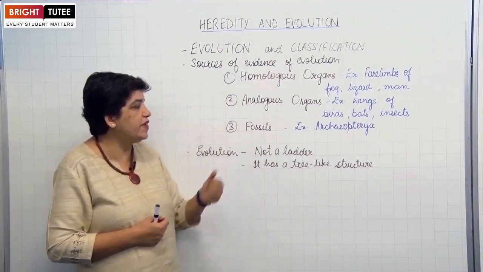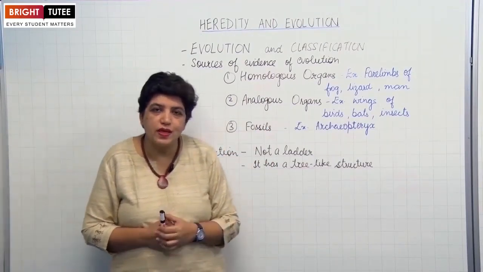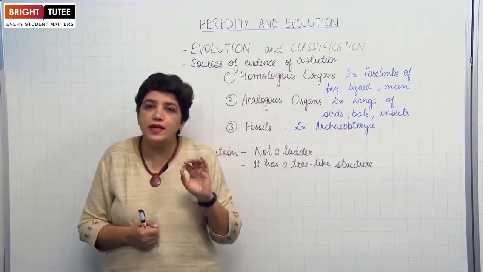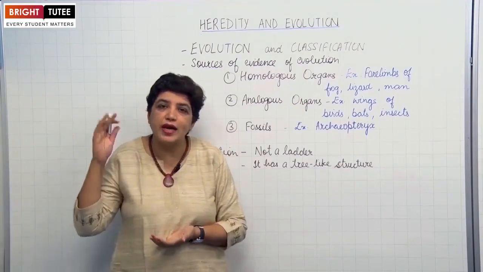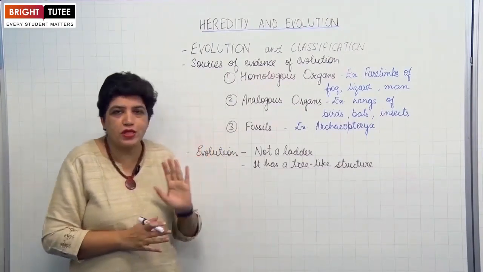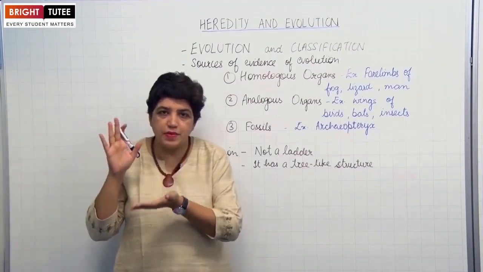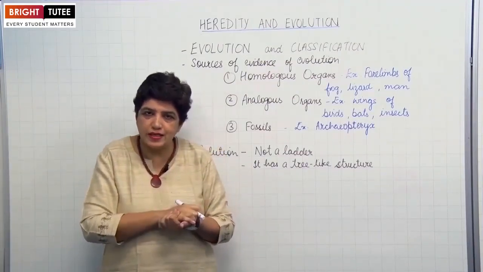The third evidence is the fossils. I hope you know what fossils are. Fossils are the dead remains or the impressions of organisms which died millions of years back. So how were fossils formed? When an organism died, sometimes it was swept into a water body like the sea.